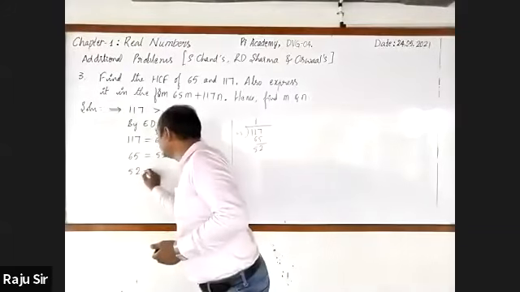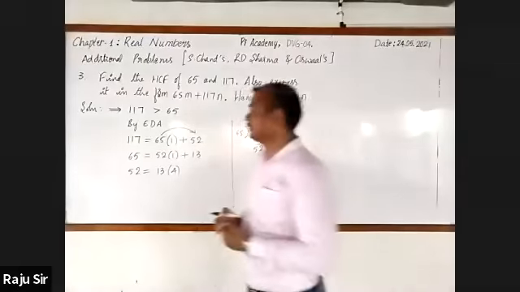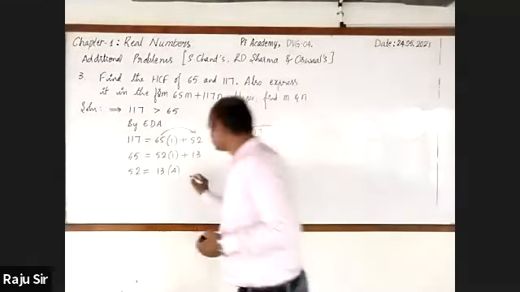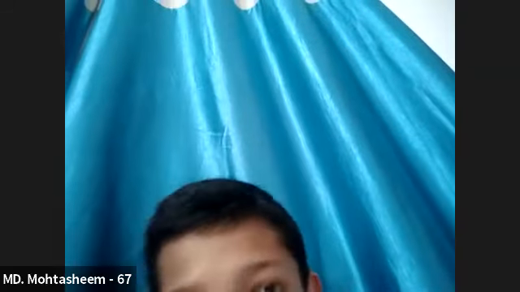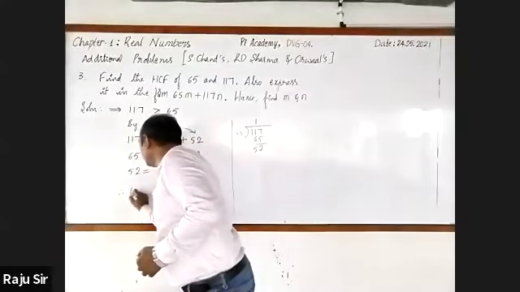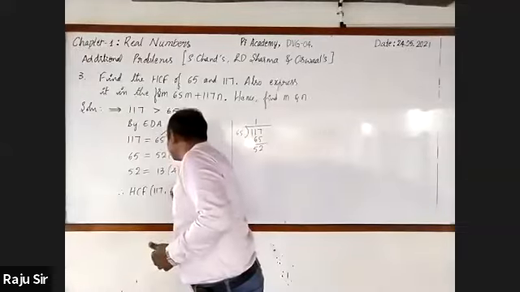Continue to divide. 52 divided by 13, 13 fours up, plus 0. Then what is the HCF? HCF will be 13, sir. Very good. So here I'm right. Therefore, the HCF of 170 and 65 is 13.